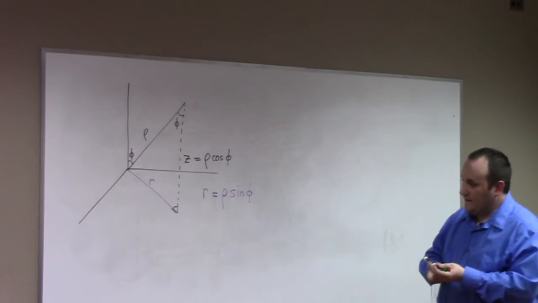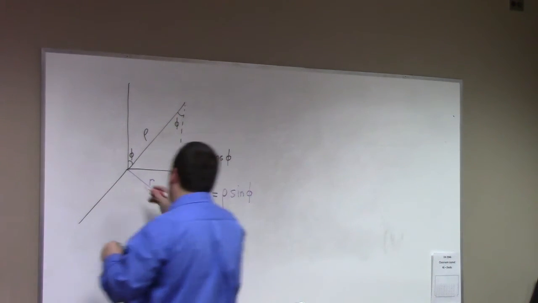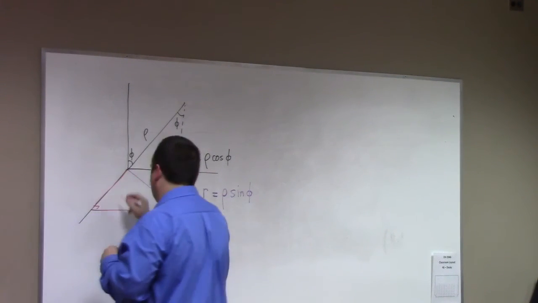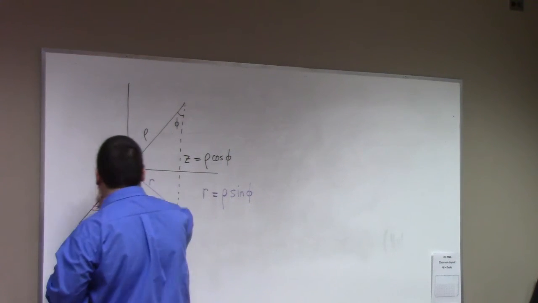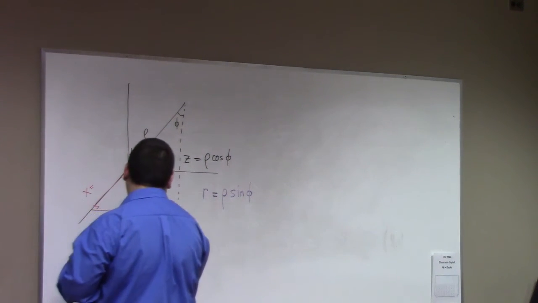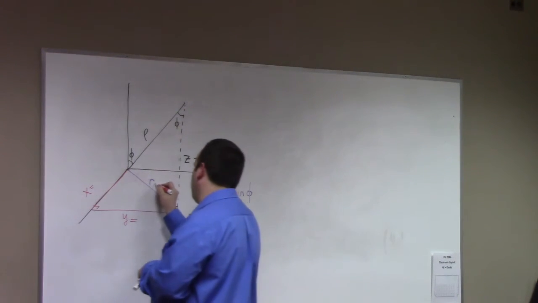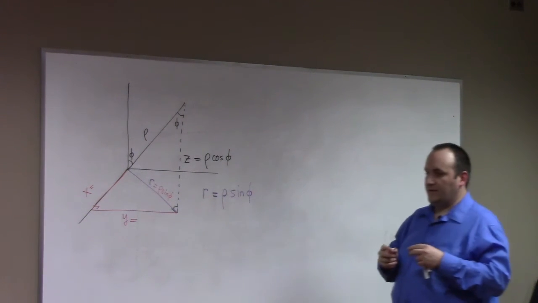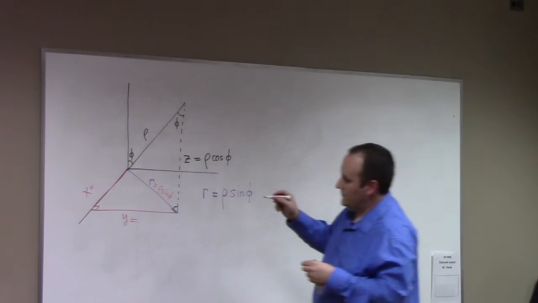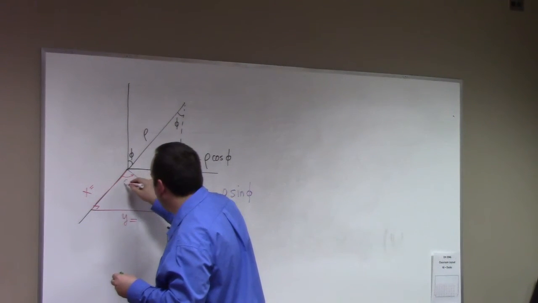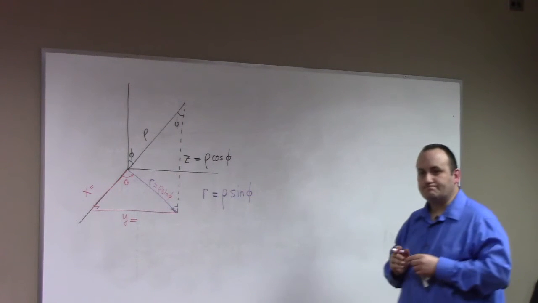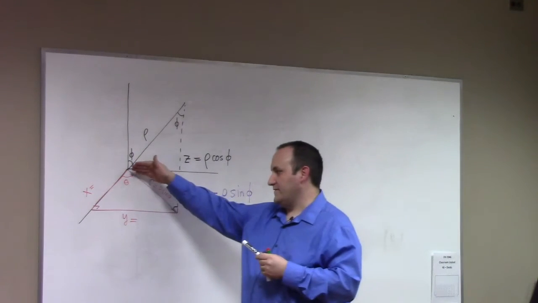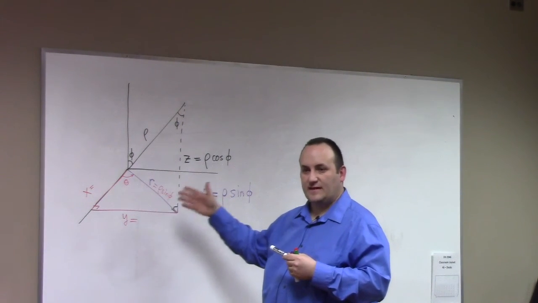Then if you focus your attention on the xy plane, you can see that you've got yet another right triangle down here. This is x. This is y. And remember, r was equal to rho sine phi. Now, where's theta in that triangle? Theta is right here. So what are the formulas for x and y? Y is opposite the theta, so we get sine theta times the hypotenuse.